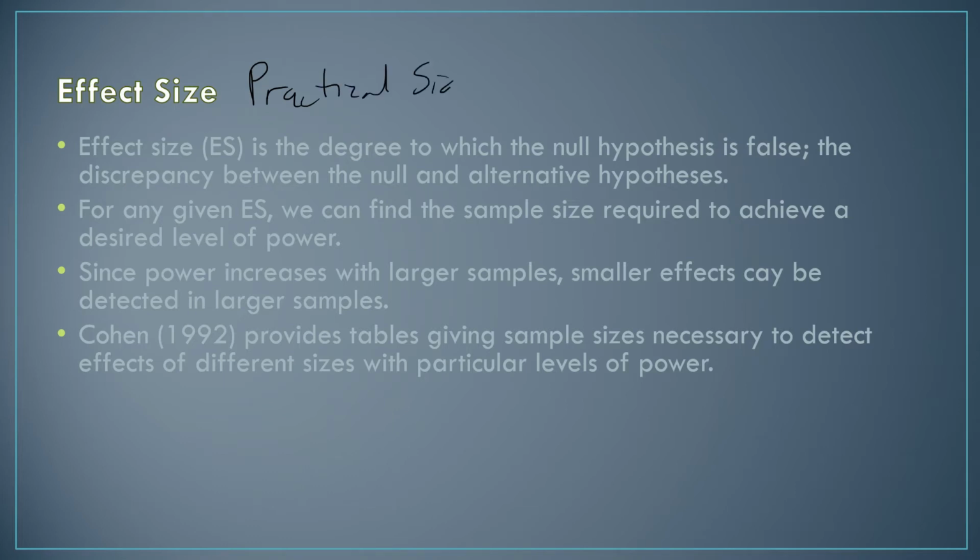If we're speaking about ANOVA, how big is the mean difference between groups, and is that mean difference big enough to justify taking action?